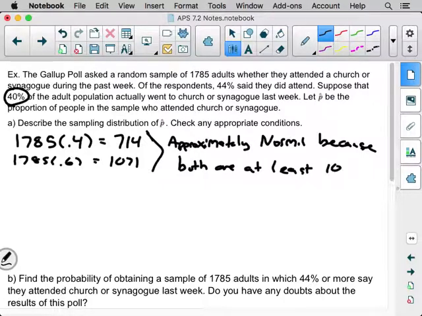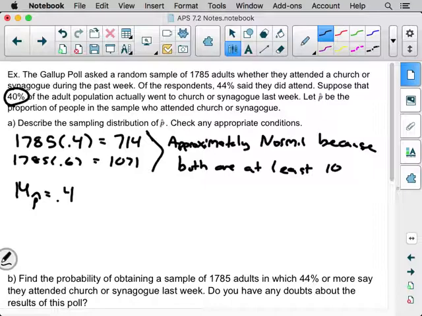All right, where should the center of my sampling distribution be? 0.4. The center of my distribution should be exactly where the population parameter is. If my sampling distribution is doing its job, if it's unbiased, it's going to be sitting right there where it should be.